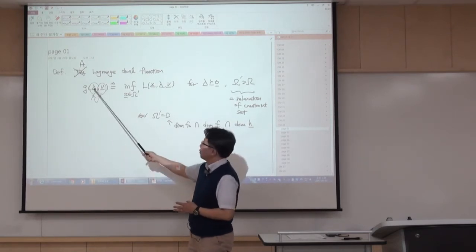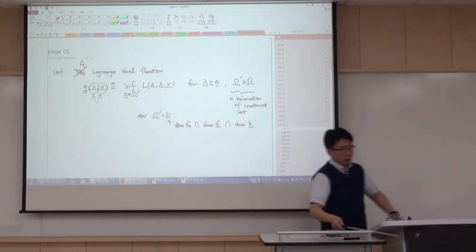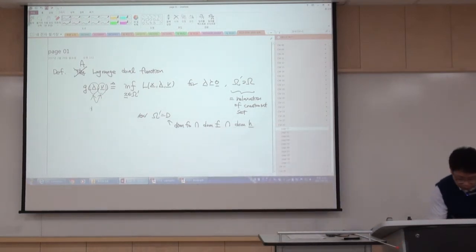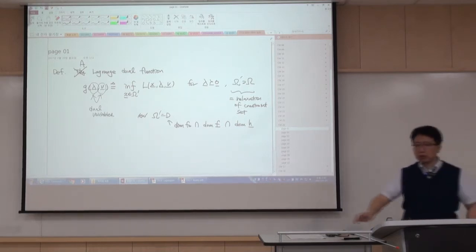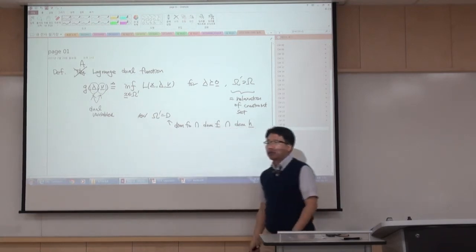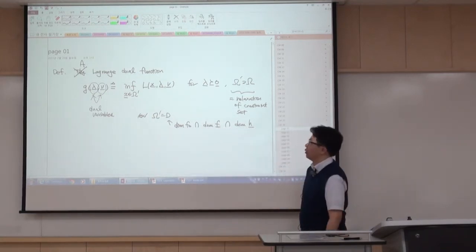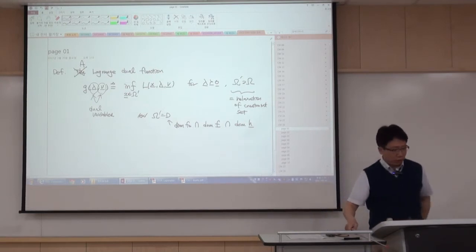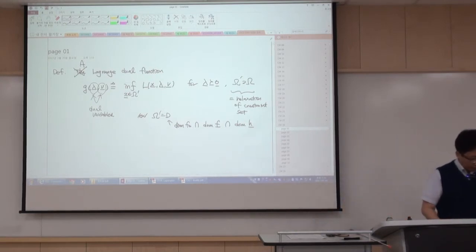Now we alternately call them dual variables, because now we view these as variables for G. So they are actually the same, Lagrange multipliers and dual variables. Still, you must focus on this condition. Otherwise, it is not useful.